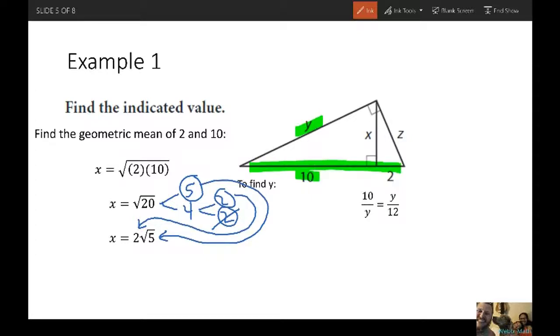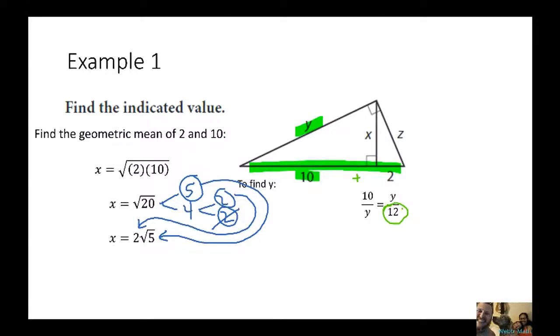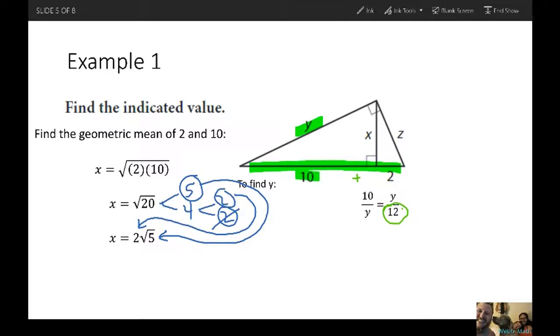So you're going to have 10 and 12, because 10 plus the 2 is 12. And that's where we get this 12 from. If you set up the proportionality, just remember 10 is to y as 12 is to y, because we're talking about two different triangles on the same triangle. It's crazy.